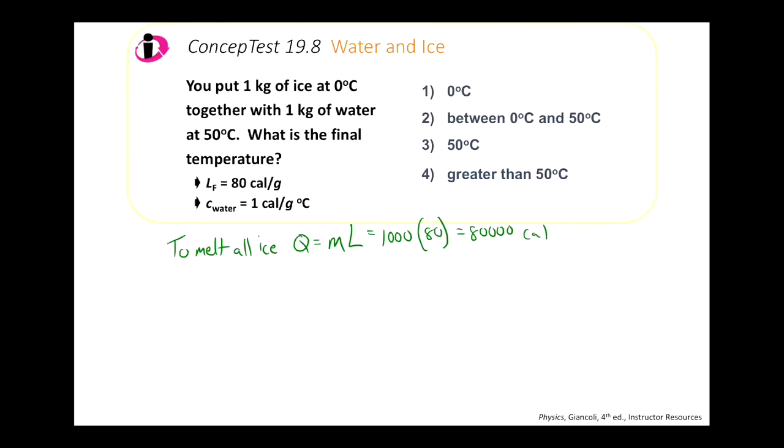That energy has to come from somewhere, and the only place it can come from is the water dropping in temperature. So let's say if the water were to go all the way down to zero, how much energy could it possibly give up? So we'll say to cool the water, Q is equal to MC delta T. Well, I've got 1 kilogram, so that's 1,000.